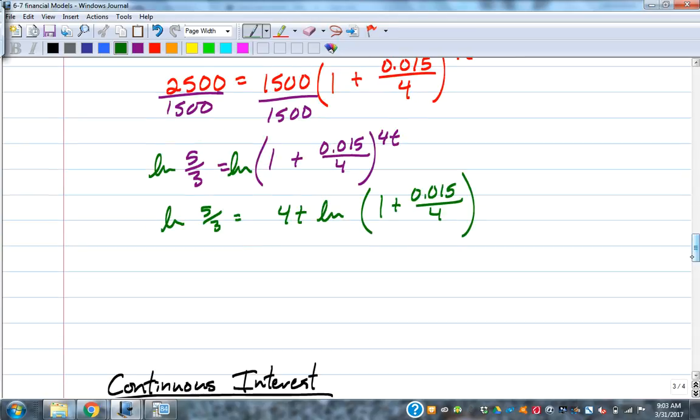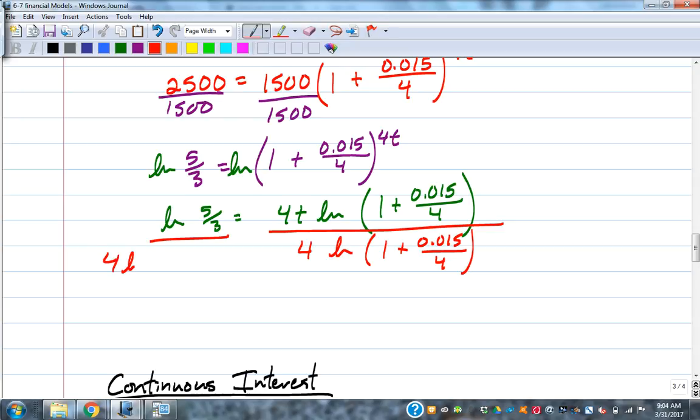Now, what do I do to get t by itself? Divide by 4 and the rest of that natural log stuff. And this is going to be an approximation in years.